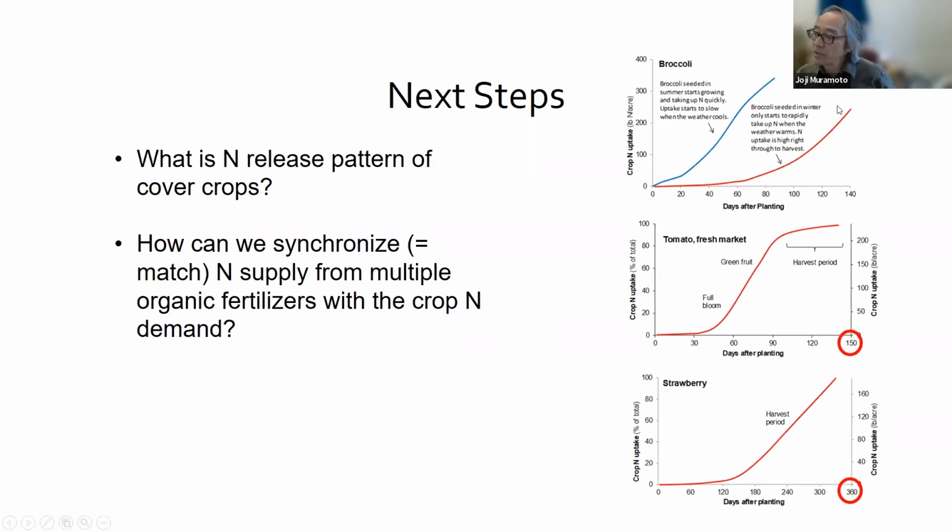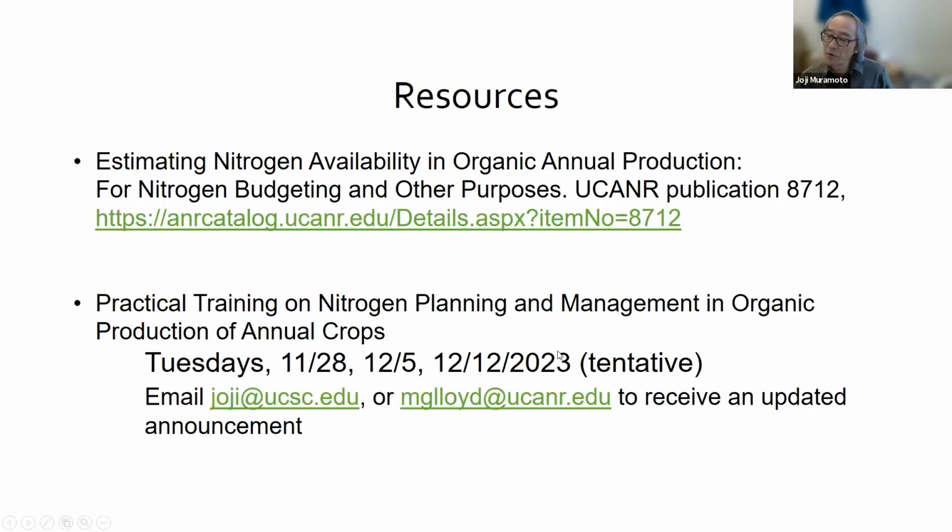Each crop has very different nitrogen demand. So how can we match the nitrogen supply from different organic fertilizers and cover crops with the crop demand, which is very important? Unfortunately, we don't have time to talk about it today, but here's an available resource for more comprehensive nitrogen management.